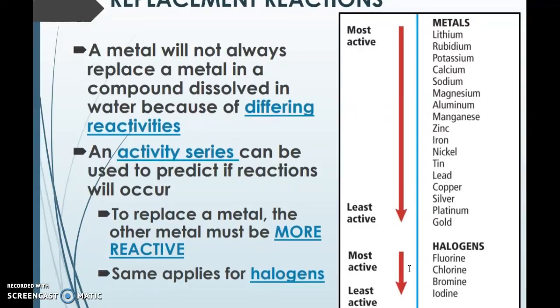If there's a metal in the compound combined with a single metal by itself, you have to figure out, is the metal by itself going to replace the metal in the compound? If not, then there is no reaction. You're going to use your activity series for this. So on this activity series, find something like aluminum. Aluminum is here. Can you see my arrow?